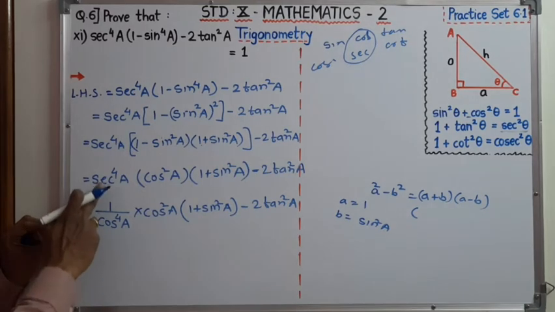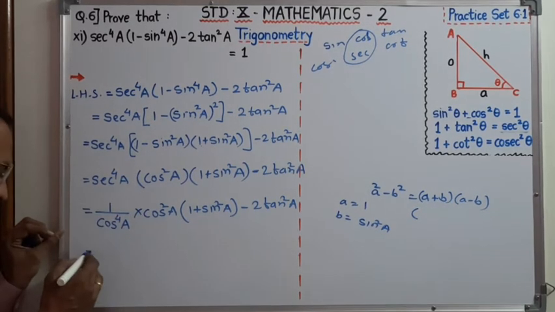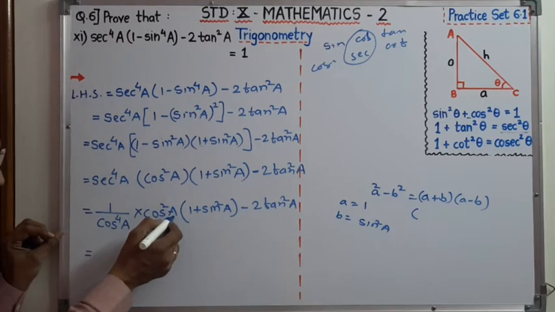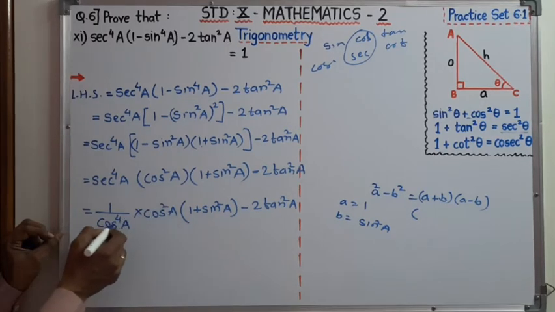Very simple dear student. We convert this. Now this cos^4 A, cos^2 A, this gets cancelled.